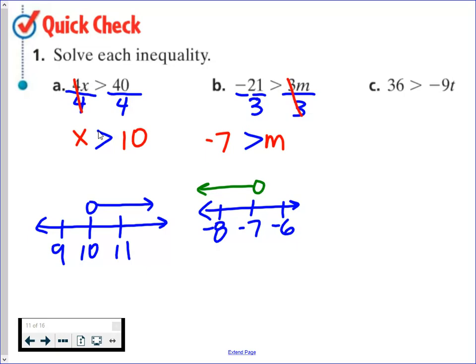This says negative 9 times t. My job is to divide by negative 9. Oh, did you hear that? Divide by negative 9. Warning, warning, warning. Something's different. What is different?